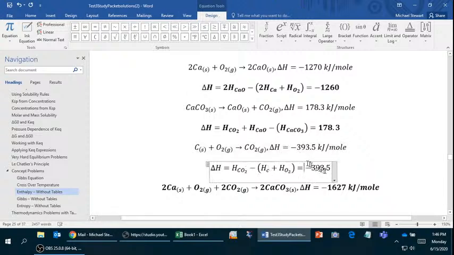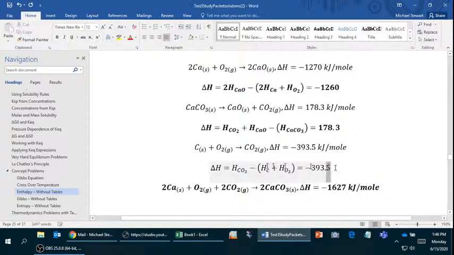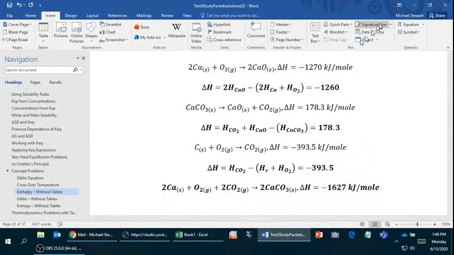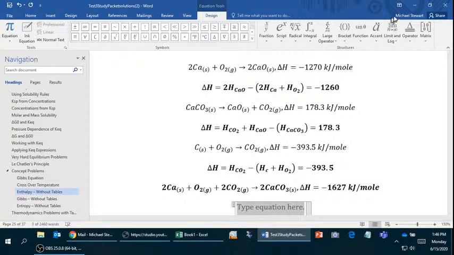For our last reaction, we get the enthalpy of this reaction, delta H, equals twice the enthalpy of CaCO3 minus twice the enthalpy of Ca, calcium, plus the enthalpy of O2, plus twice the enthalpy of CO2.